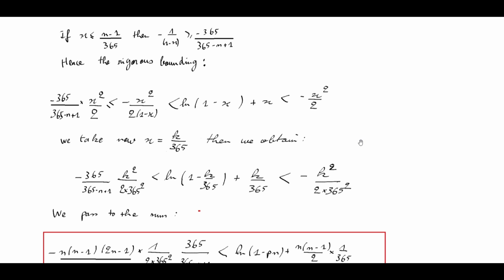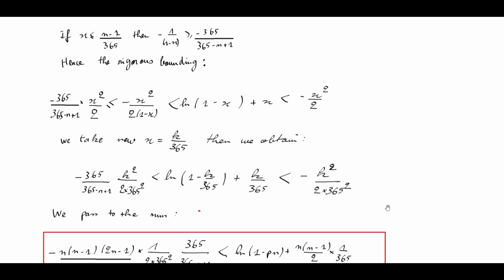We take now x equals k over 365, then we obtain minus 365 over 365 minus n plus 1 times k squared over 2 times 365 squared is strictly smaller than ln of 1 minus k over 365 plus k over 365, which is strictly smaller than minus k squared over 2 times 365 squared.